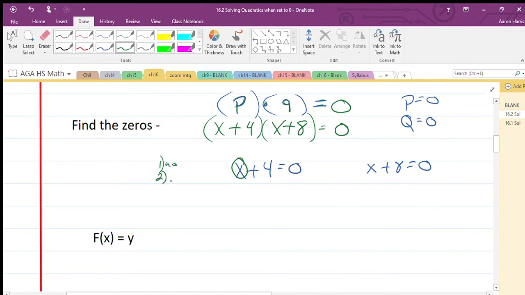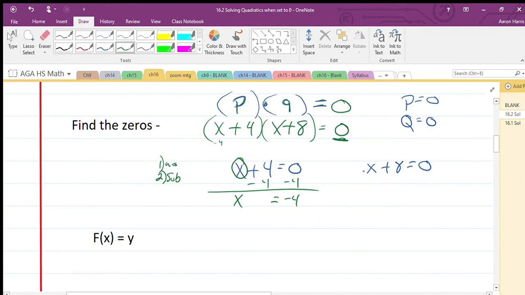Second step, what are you going to do? You are going to subtract. So if I subtract 4, I get x is equal to what? -4. So you're telling me, Mr. Harris, that if I plug in -4 plus 4, I would get 0. And 0 times anything is still what? Of course, that's 0. So one of my solutions is going to be x equals -4.